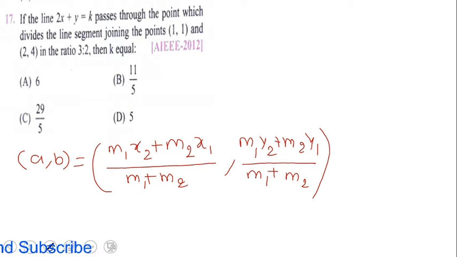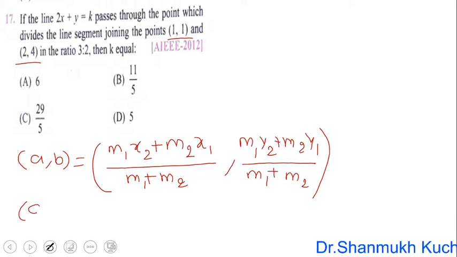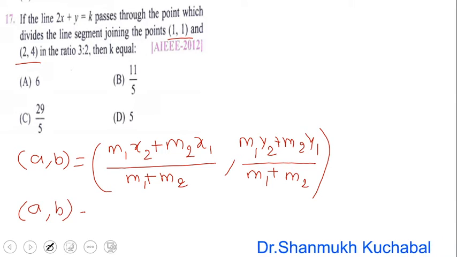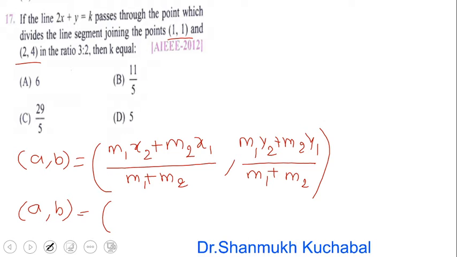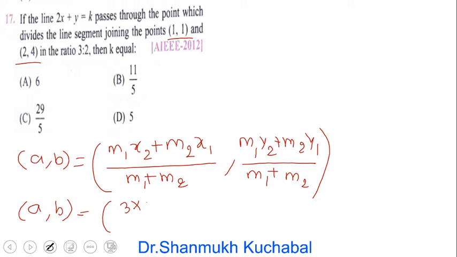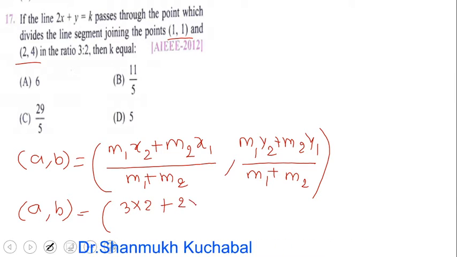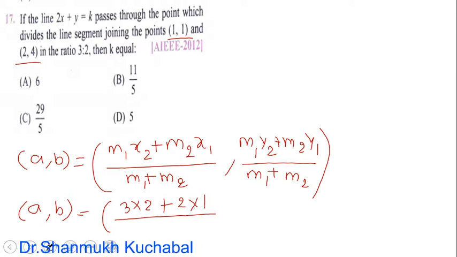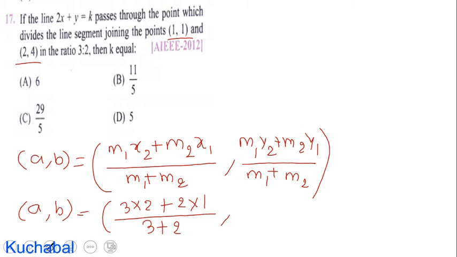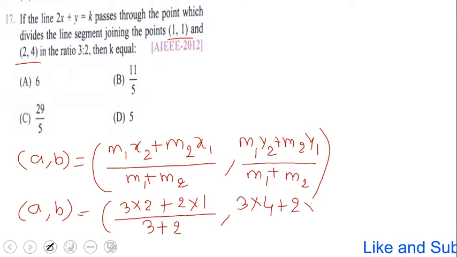So this point will be x1, y1, the second point will be x2, y2, so we get this as (a, b). We get it as (3 into 2 plus 2 into 1) divided by (3 plus 2), and one more we are going to get as (3 into 4 plus 2 into 1) divided by (3 plus 2).